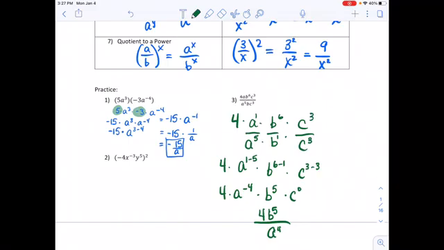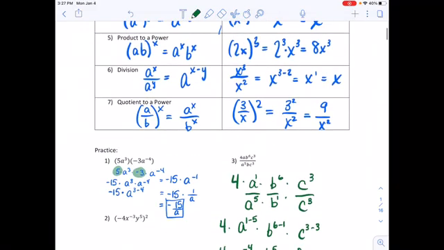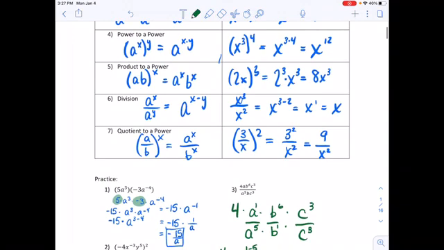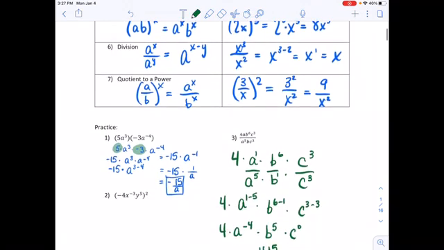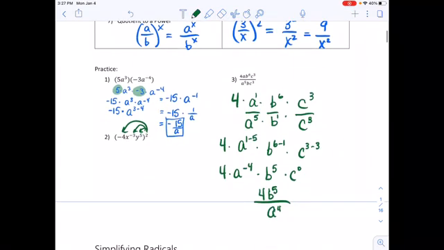And then number 2 that we skipped, we need to use our product to a power rule. We have 3 products here. This means the power 2 needs to go into all 3 of these terms. Now it kind of works differently for each one.